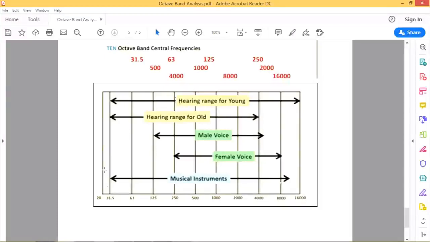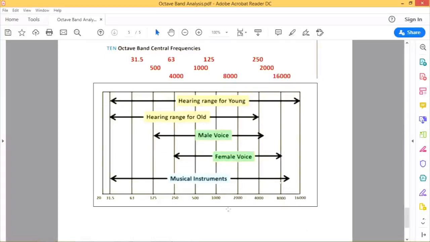From 250 to 2000 it is the mild or medium range, and from 2000 to 16,000 it is the high range. So there are three ranges: 20 to 250 low, 250 to 2000 mid, and 2000 to 16,000, or sometimes 20,000, high.